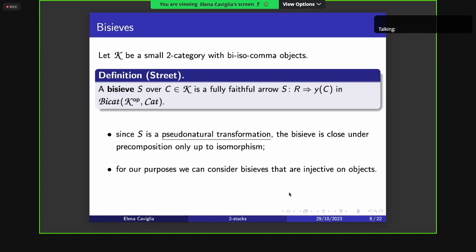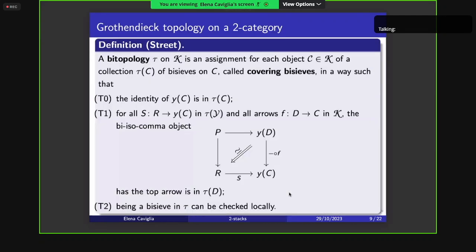And we can use these bisieves to give a definition of bitopology on the 2-category K. Here I have to say that in the literature, sometimes when you have a 2-category and you want to put a Grothendieck topology on it, you just consider the Grothendieck topology on the underlying category of the 2-category. But this is not two-dimensional enough for our purposes, and so instead we use the definition given by Street for a bicategory.